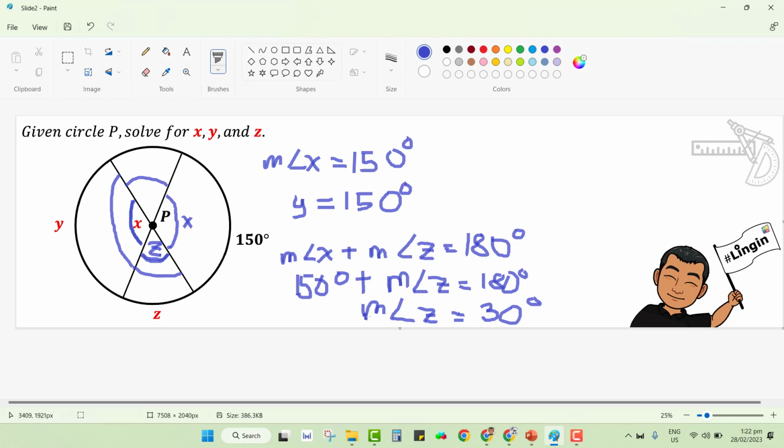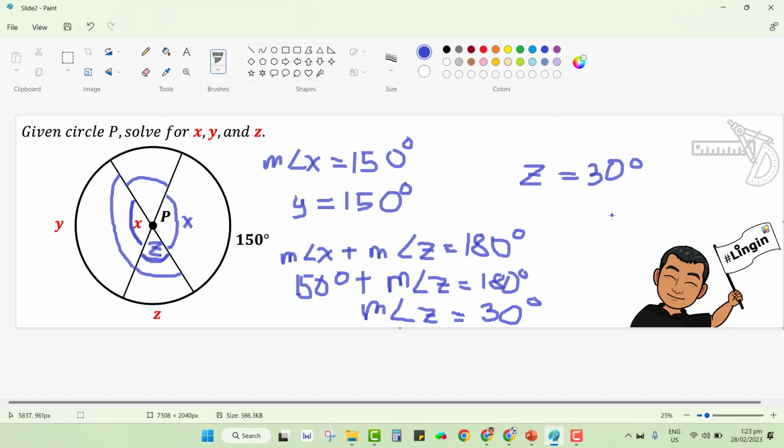Again, this is the central angle, which is represented by the same variable because they have the same measurement. And in that case, the minor arc represented by z, since it's the intercepted arc of the central angle z here, which measures 30 degrees, is also 30 degrees.